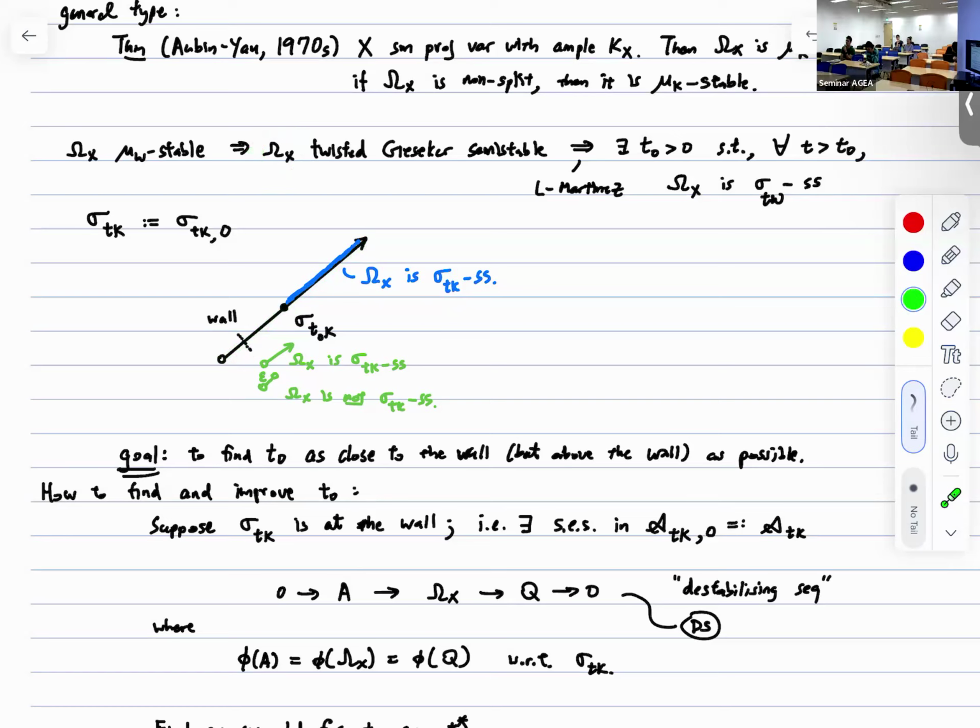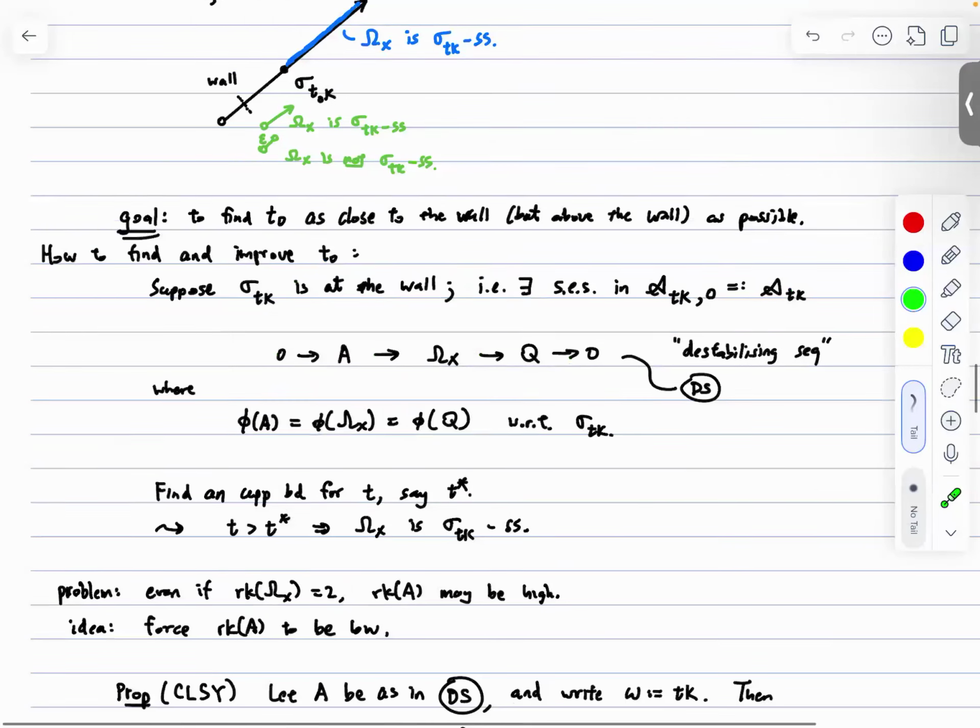I agree that it would be very nice to find the wall. But it seems that your goal is to find something above the wall. Why don't you want to find T0 on the wall? Maybe I can phrase it this way. If you assume T is exactly on the wall, then you have such a short exact sequence, and you have this equation.